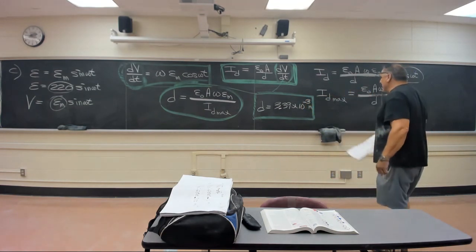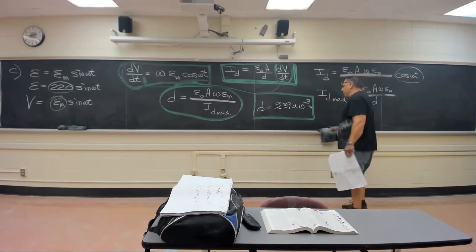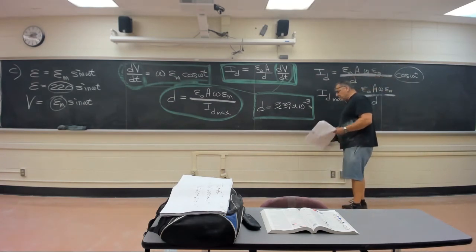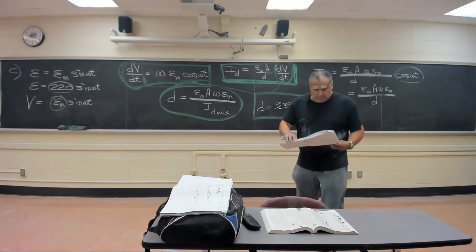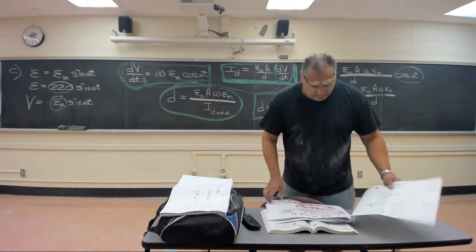That's 3.39 millimeters, or 3.39 times 10 to the negative 3 meters. That's C.